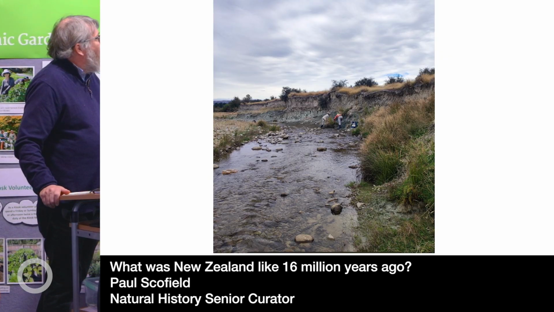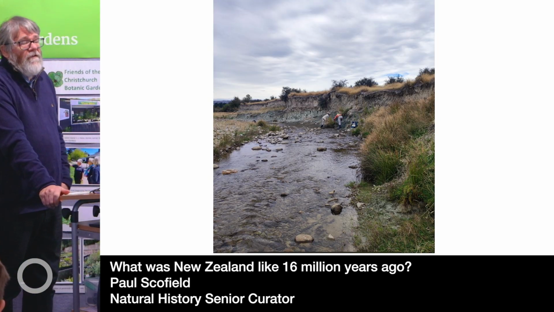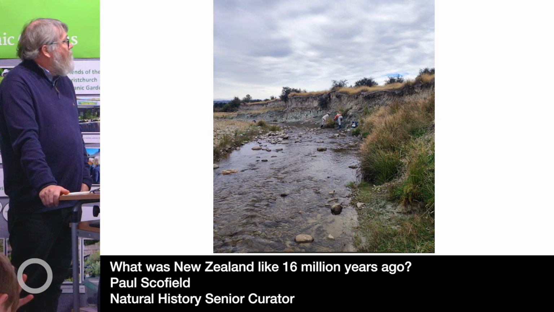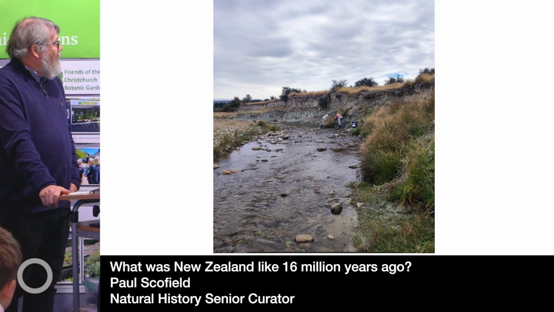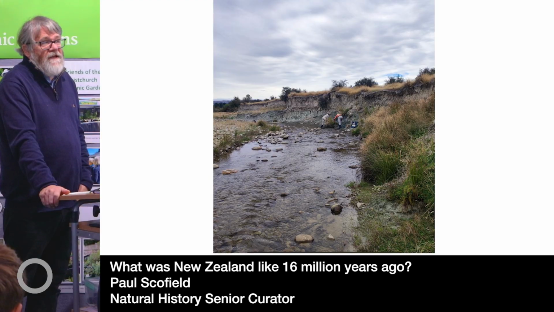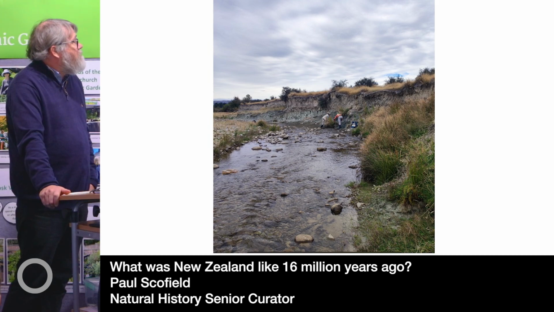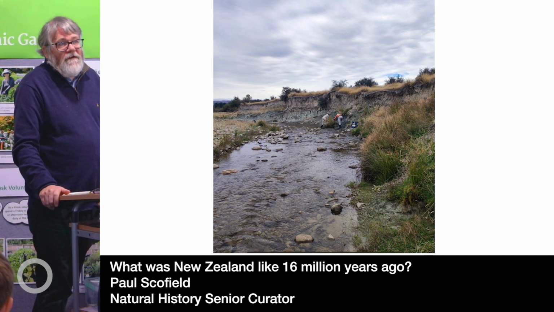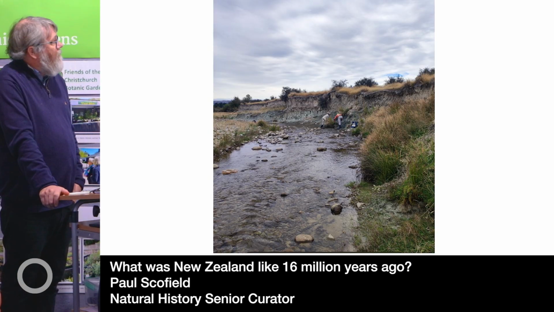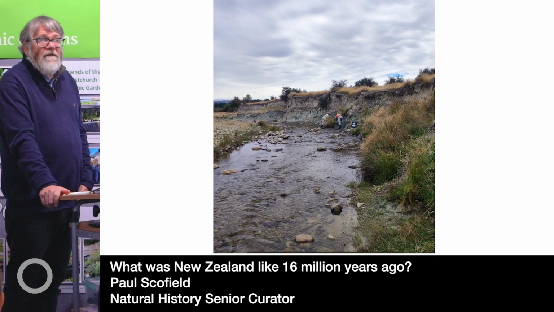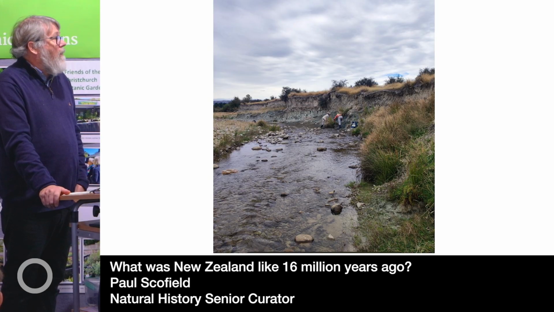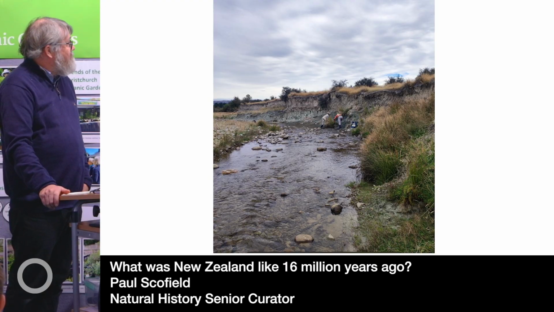And this lake formed as the land rose after the Oligocene high stand. The sea level internationally lowered due to the formation of ice caps, and at the same time there was quite a substantial tectonic uplift on the New Zealand landmass, and both of these features meant that the land in Central Otago went from being solidly underwater in the Oligocene to a lake-covered landscape by 16 to 20 million years ago.